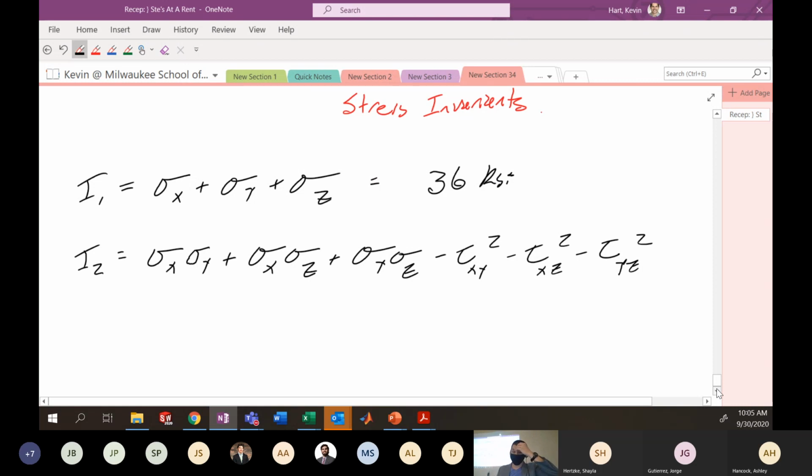Again, I'm not going to put all the numbers in here. I believe that you can punch those into your calculator, though watch your numbers if you are punching it in. And notice here that the units are going to be KSI squared. So here we're going to have 228 KSI squared.